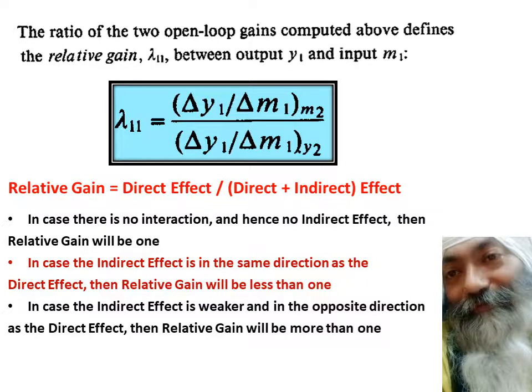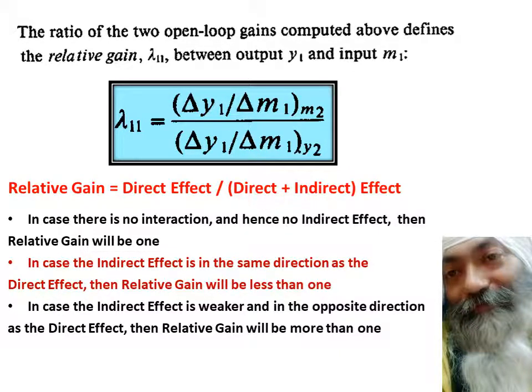We come to the third case where the indirect effect is weaker, but it is in the opposite direction. It is weaker than the direct effect. So this denominator still remains positive, but it is lesser as compared to the direct effect. The denominator is less because the indirect effect is reducing the value of direct plus indirect. The two are in opposite direction.